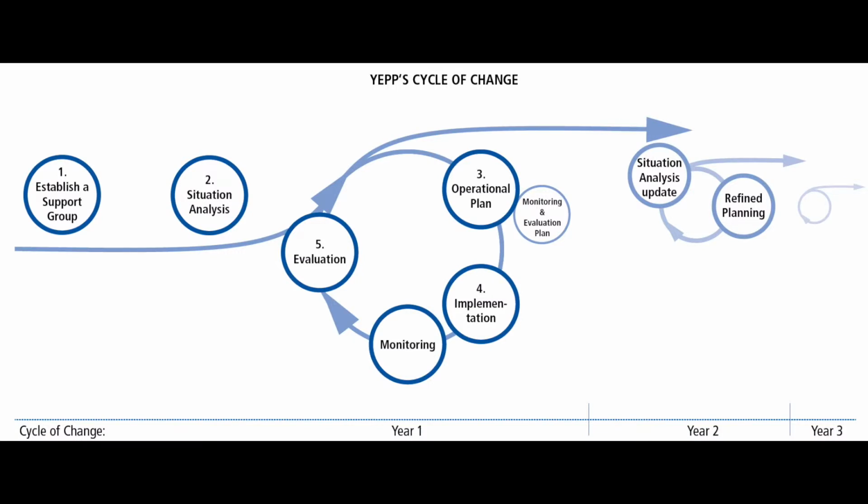And we also assess the implementation of the YEPP cycle of change. How well are we planning, monitoring and evaluating our actions, and other problems with implementation of certain activities or actions from the operational plan. So what's going on? We want to understand that when we talk about the process.